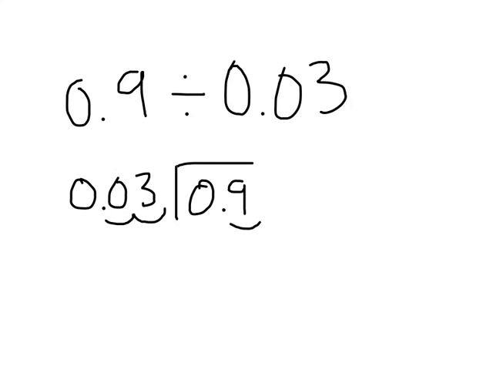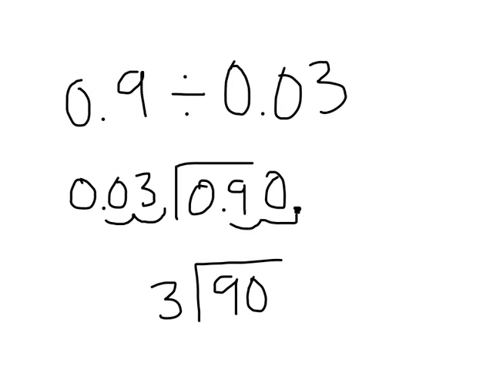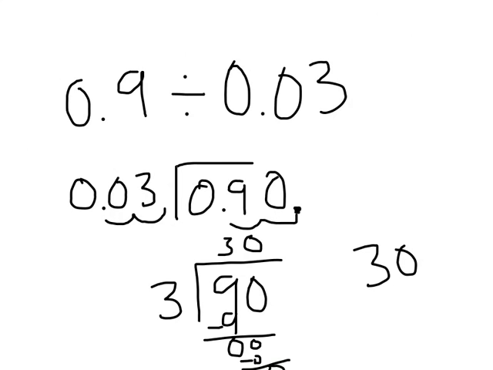Once, twice, once, twice. So my new division problem is 90 divided by 3. What's 90 divided by 3? 90 divided by 3 is 30. So 9/10 divided by 3/100 is 30.